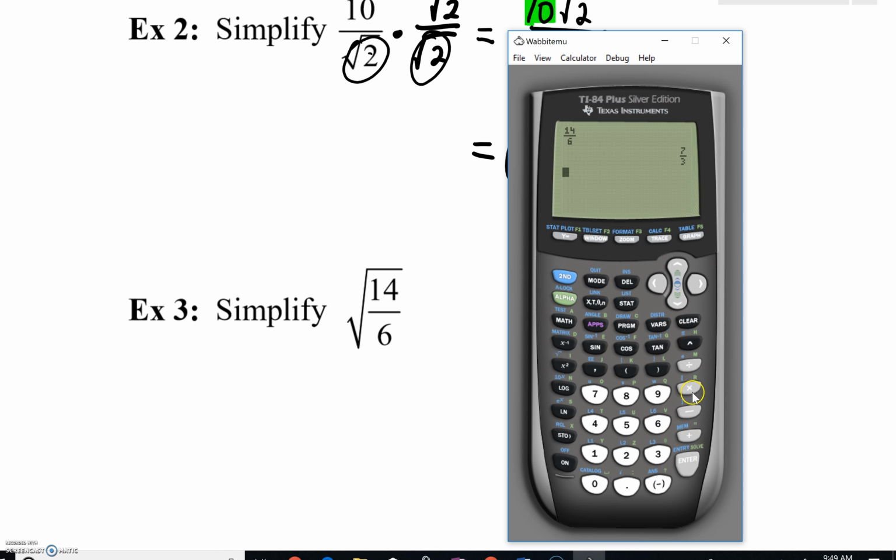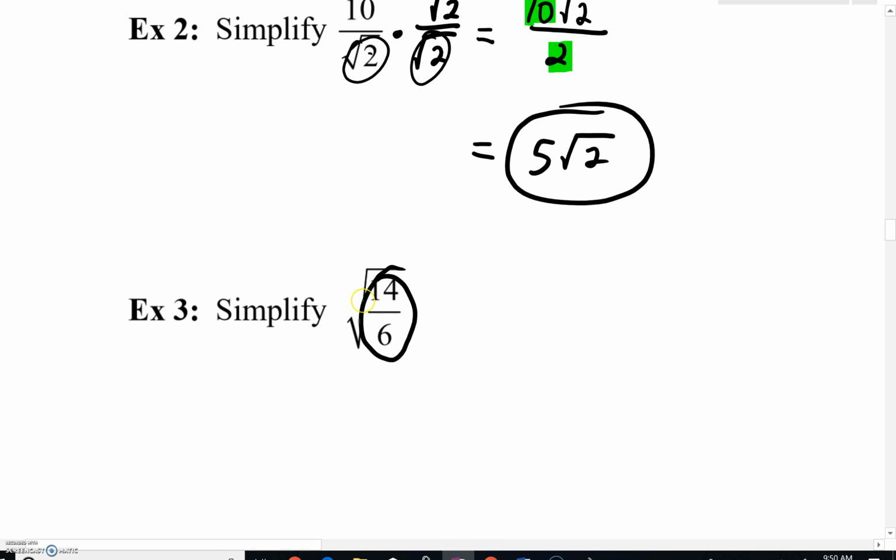Now, 14 over 6, you might as well reduce this early. You'll get 7/3. And you, of course, could have reduced this much earlier, even without a calculator.